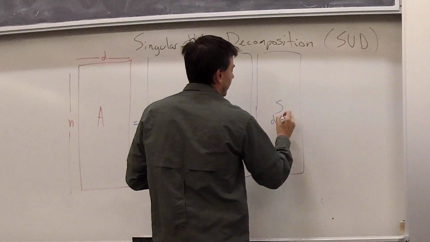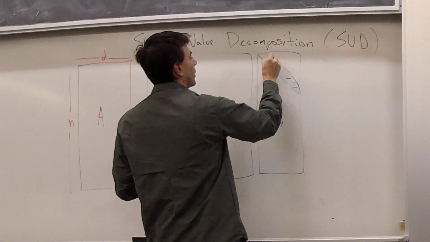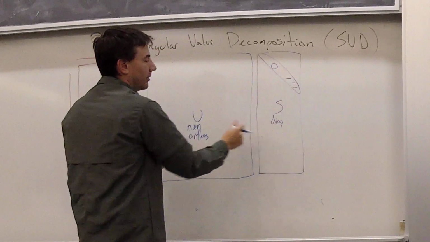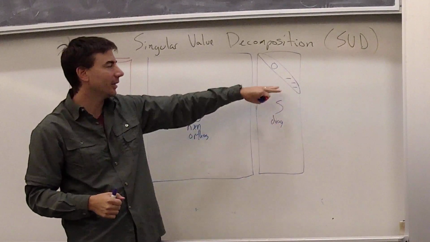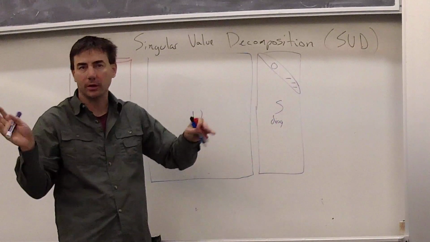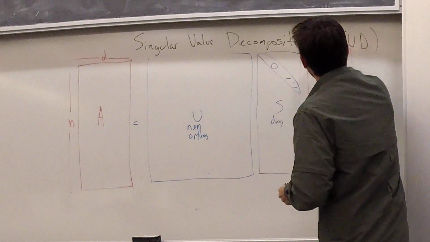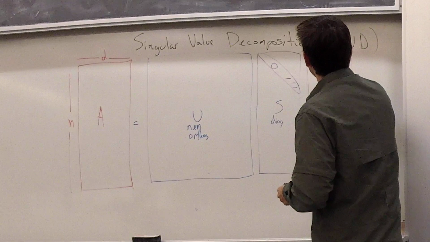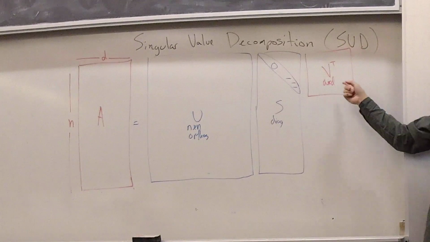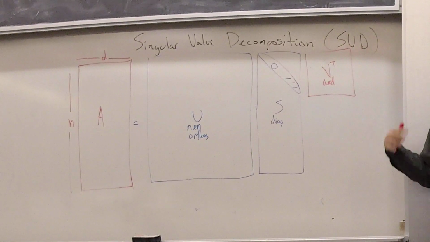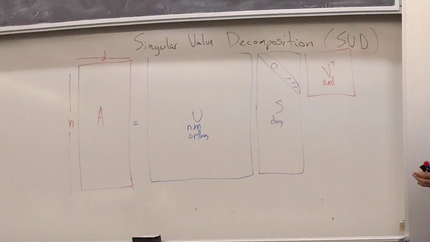S is diagonal, which means that there are only entries here which are interesting. Everything else is 0, and since this is all 0, in languages like Python they don't even report this part of the matrix. And then you have some d by d matrix, V transpose. In Python, when you call this, you actually get the transpose returned. Sometimes you return V, and then you have to transpose it if you want to put stuff back together again.